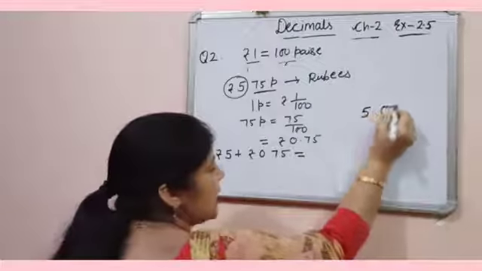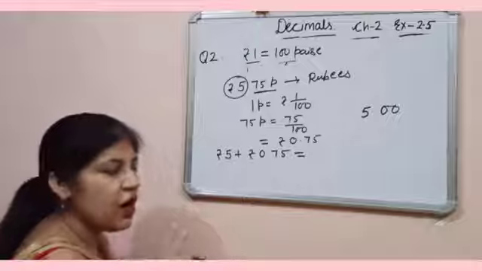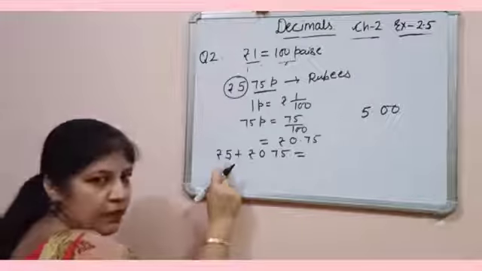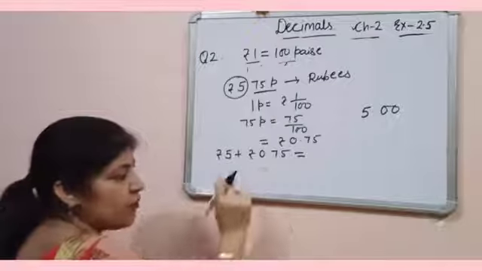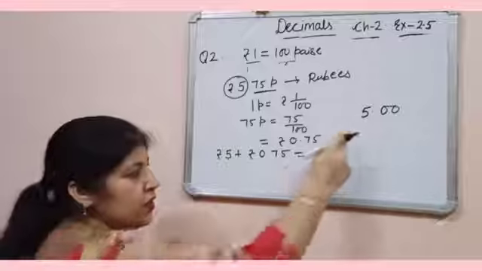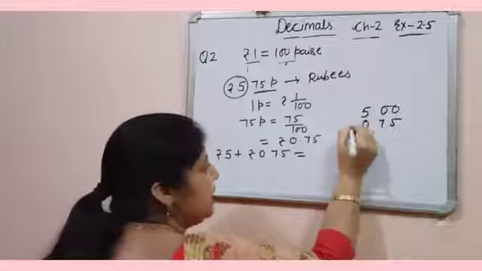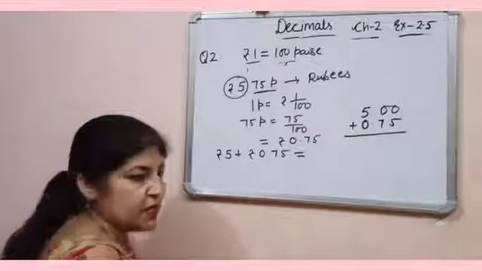And now here, how will you add? First, make them like decimals. You have studied in 6th class how to add decimals. This is the whole part, and for like decimals, you have to put 2 zeros after the decimal point. Then 0.75. Always add the same places.